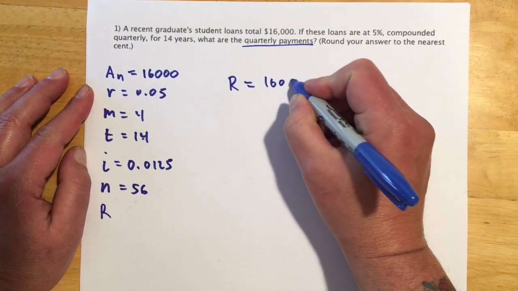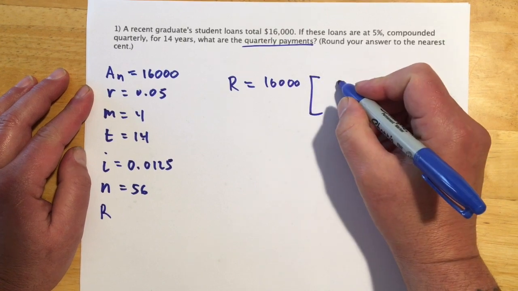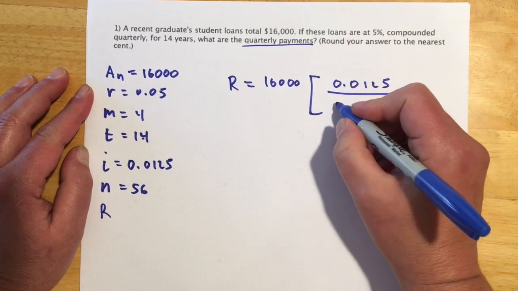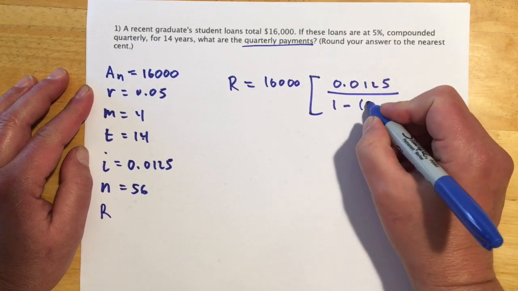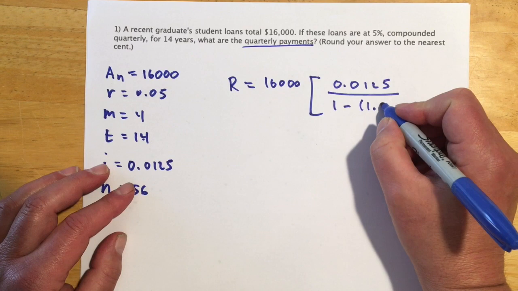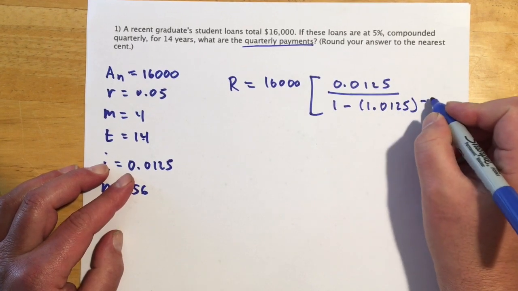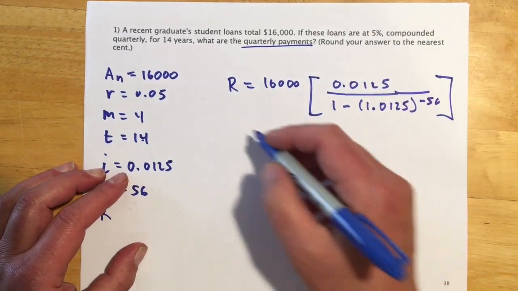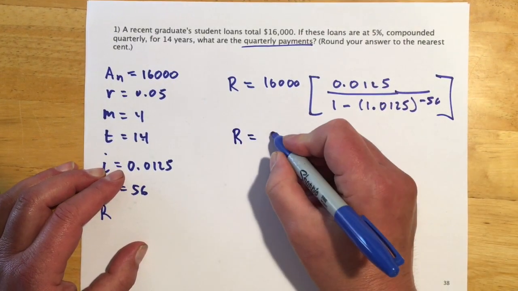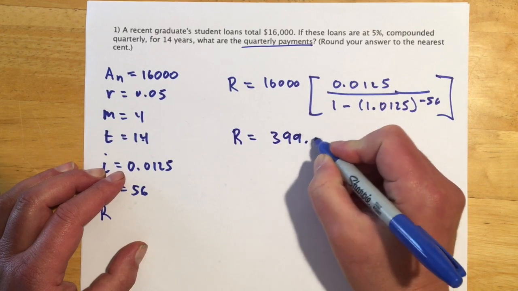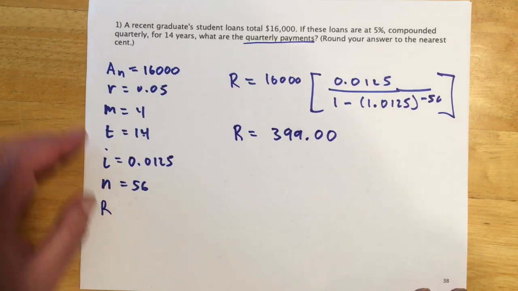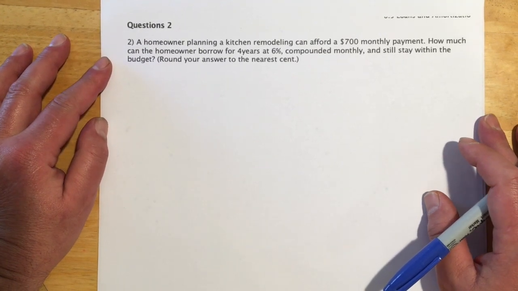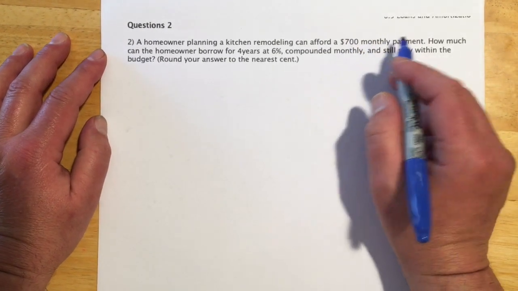So $16,000 got financed, and then this goes I, so 0.0125 over 1 minus 1 plus I. So that'll be 1 plus this to the negative n, 56. And throw all that in the calculator, and it looks like the quarterly payments would be $399.00.